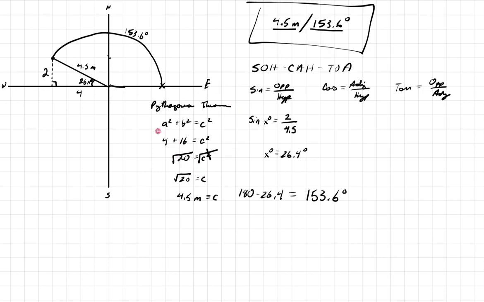But these are the main things you're going to do. You're going to use Pythagoras' theorem to find the hypotenuse. Then you're going to use SOHCAHTOA on your calculator to find the degree of measure of the right triangle wherever it is. Now, if your right triangle was over here, you wouldn't have to do this calculation because it would be measuring from here to here.